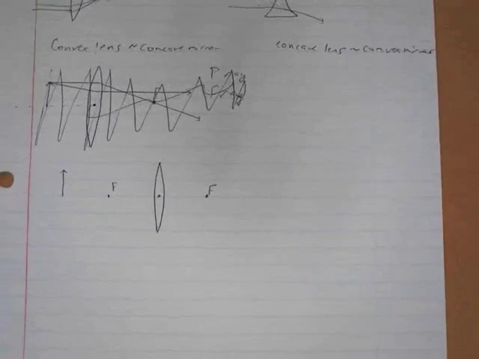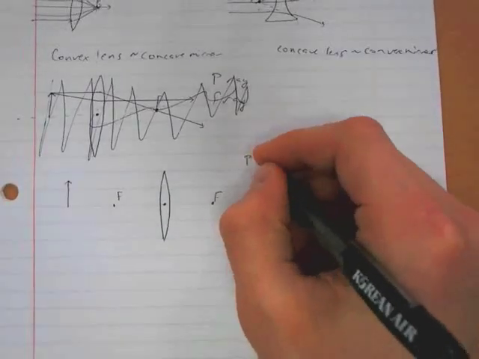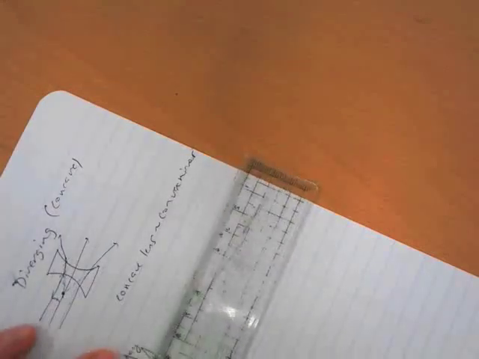For lenses, we can use ray tracing, much like we did for mirrors, so it looks a little bit differently. First off, we can draw our P-ray, which is the same as it was for a mirror. We draw it horizontally, and then for a mirror, it bounced back toward the focus, whereas for a lens, it will bend inward toward the focus.